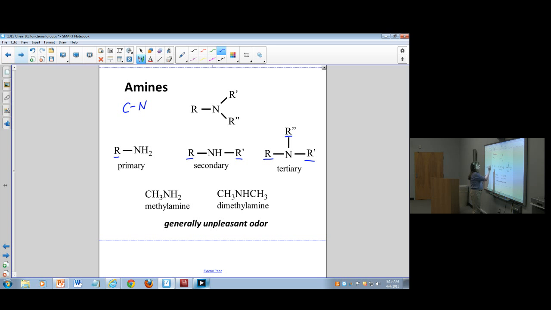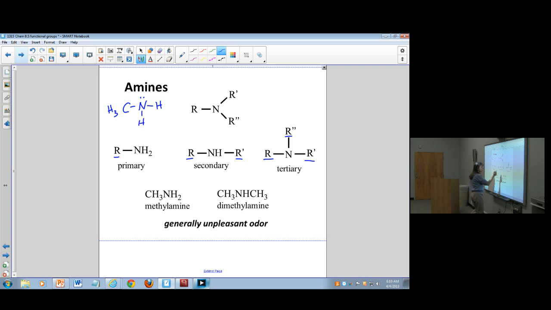These are going to be singly bonded between the carbon and the nitrogen. And then the nitrogen will have however many hydrogens it takes, and whatever it takes to follow the Lewis rules. In this case, there's a lone pair of electrons on there.